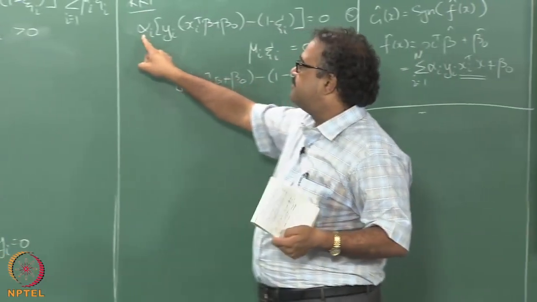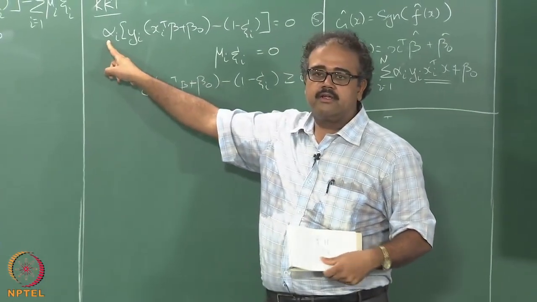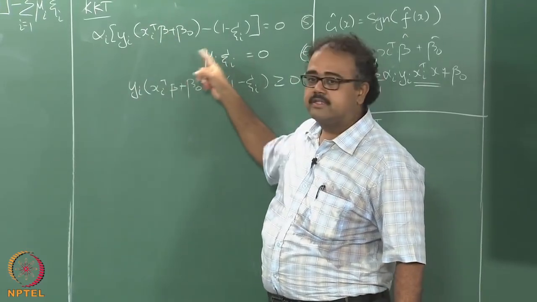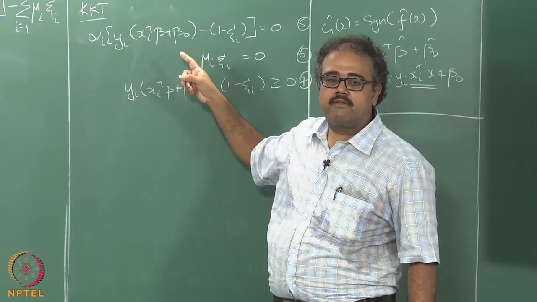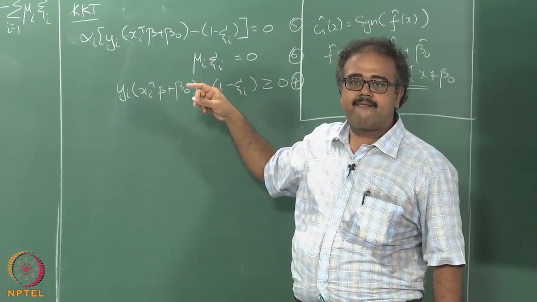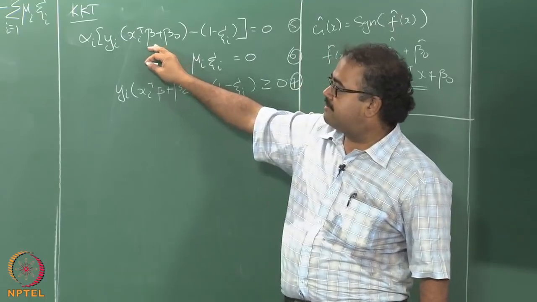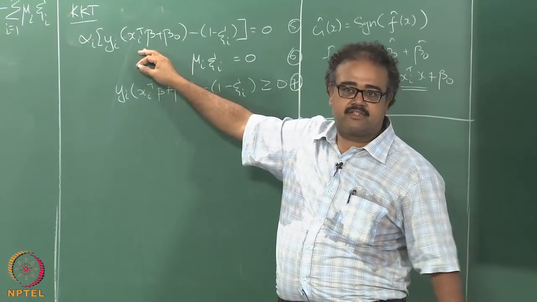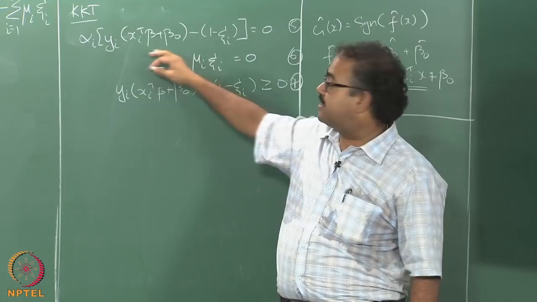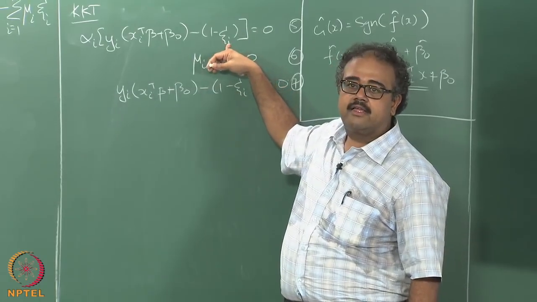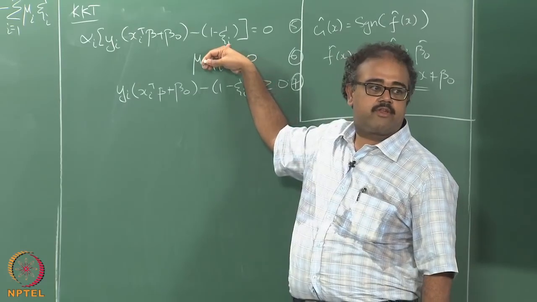So when will alpha be 0? When will this whole thing be non-zero? When it lies at a large enough distance on the right side of the margin, right? What about xi? Xi will be 0.